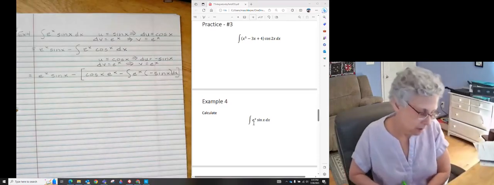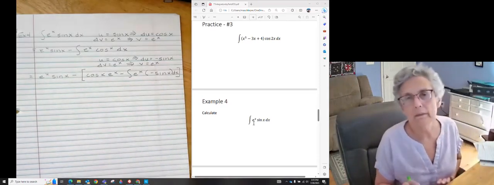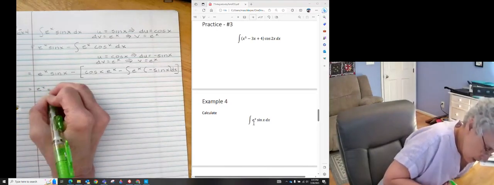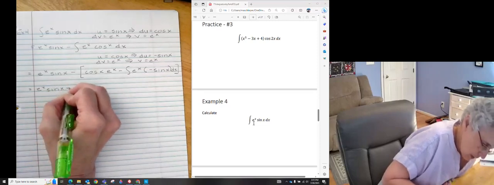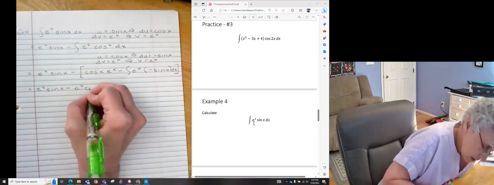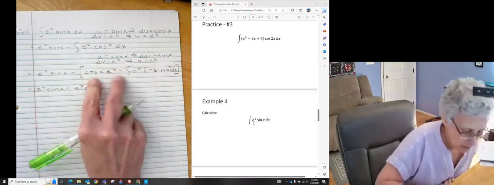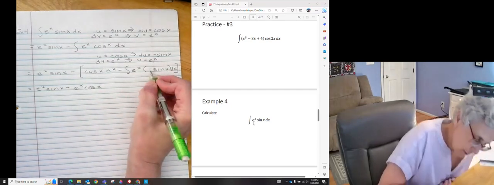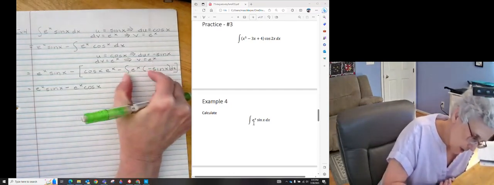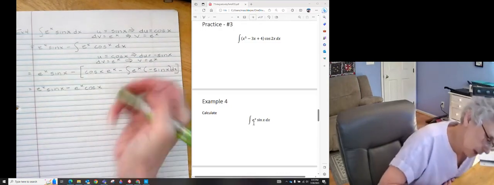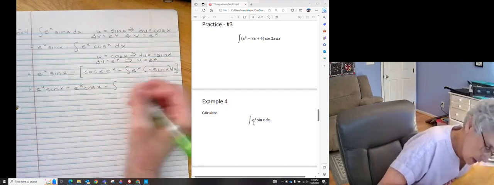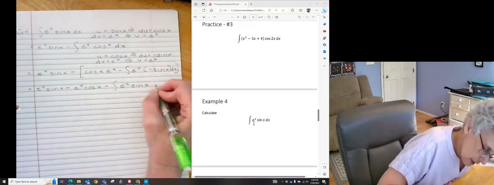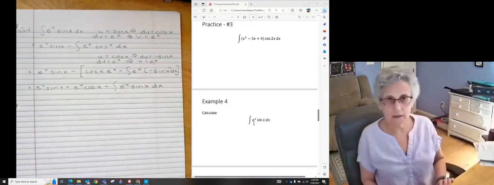du. So now I'm going to get rid of that big set of brackets. This is equal to e to the x sine of x minus e to the x cosine of x. I just switched those directions. I have minus, so that would be plus, but I have a minus outside here, so this is minus the integral of e to the x sine of x dx.